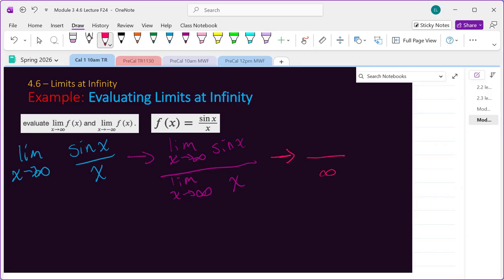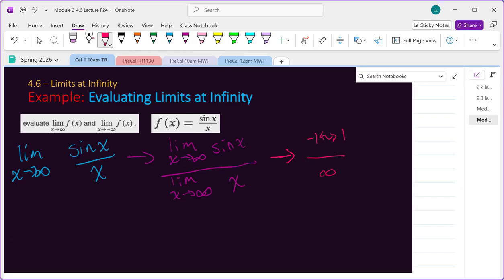But once we have it as a fraction, like here, we're thinking this guy is constantly going between -1 and 1. So it's an oscillating function, but it's never oscillating to an infinity. It's always some sort of constant number.